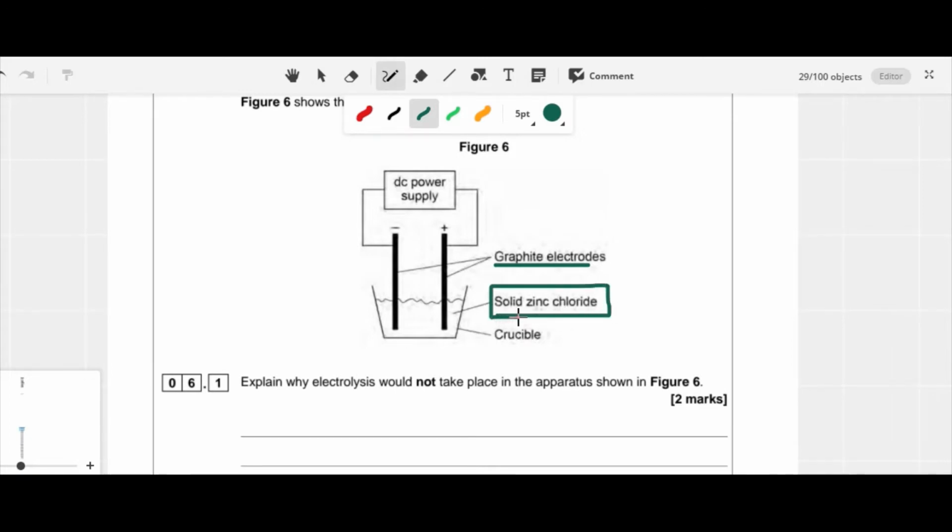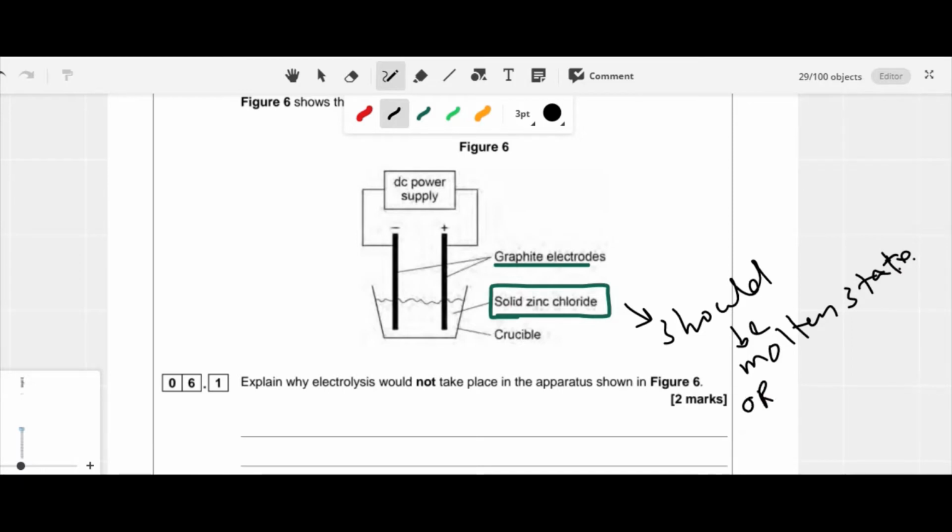That is the mistake here, because for electrolysis, instead of solid, it should be in molten state or aqueous form.